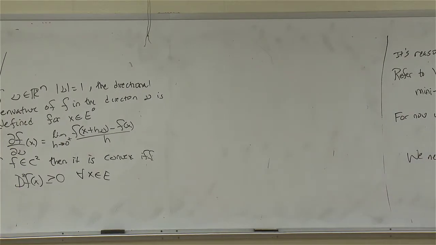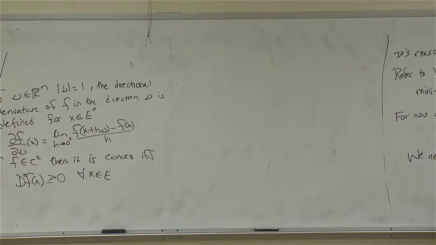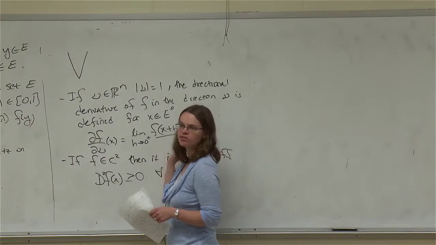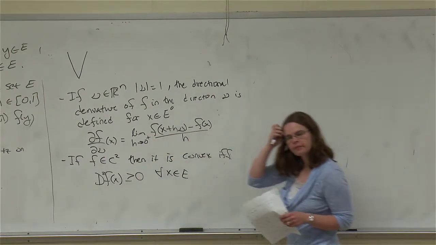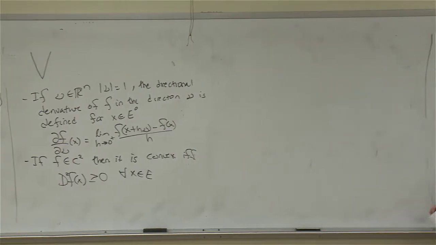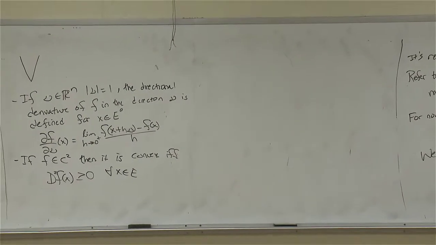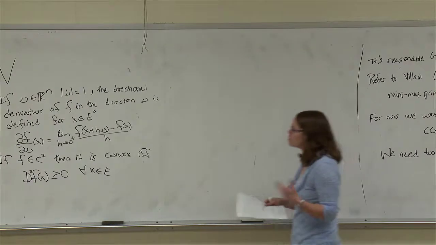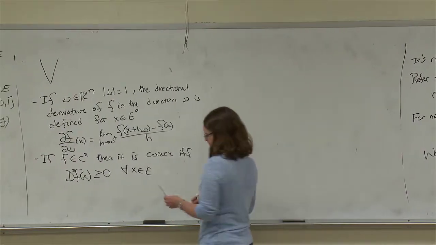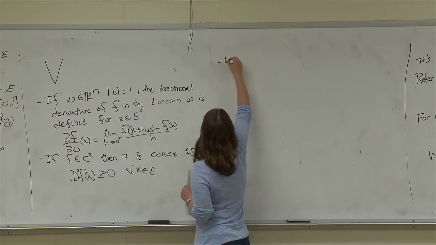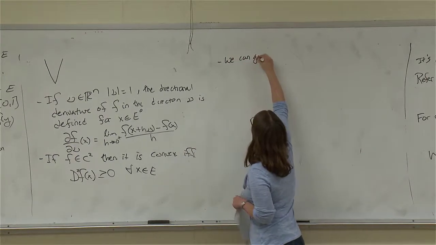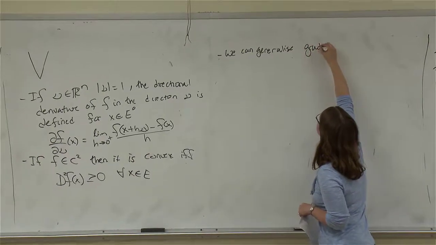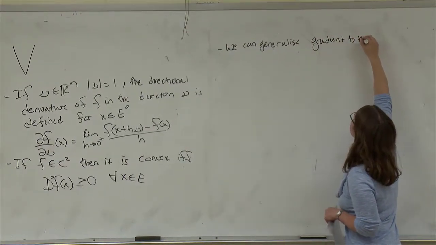Okay, we can do more generalization of the concept of differentiability. So I said we can come up with these one-sided directional derivatives. We can also generalize the notion of differentiability, or of a gradient, to what's called the subgradient.